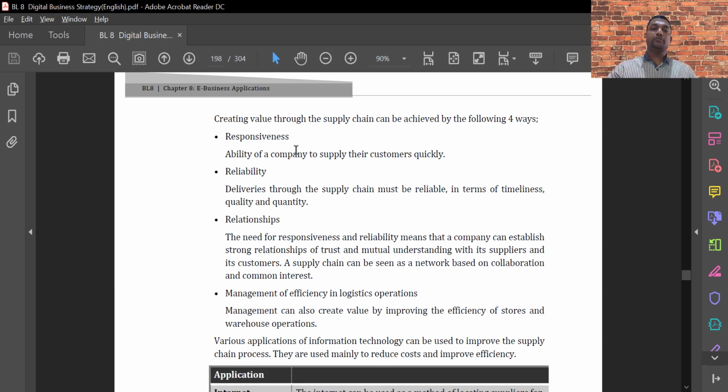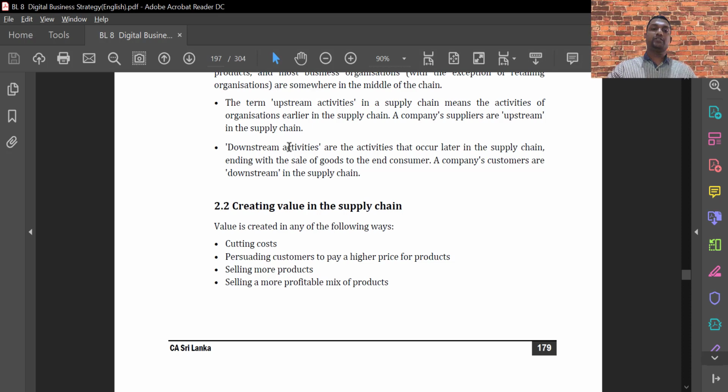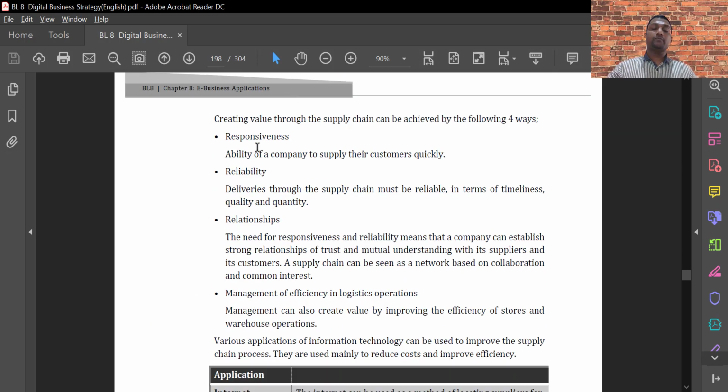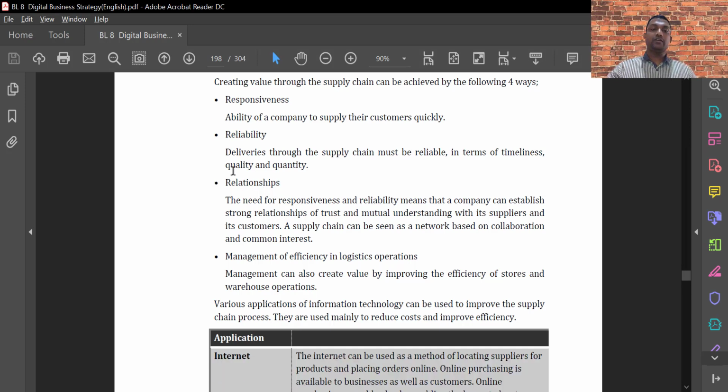Responsiveness, the ability of a company to supply its customers quickly. Being reliable, because quality supply in the right quantity has to be supplied in a timely manner. Thirdly, having a good relationship, which has to be established, with trust and mutual understanding with the suppliers and the customers.